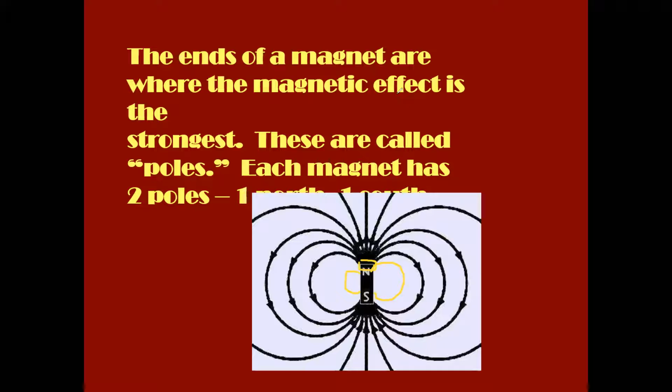So these ends are known as the poles, and each magnet has two poles. One is known as the North Pole, the other one is known as the South Pole.